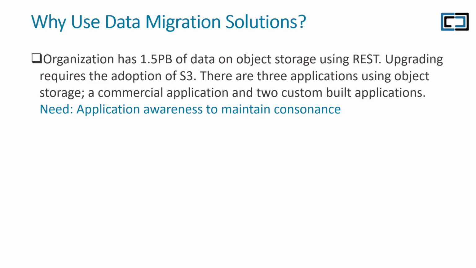Traditionally, in these scenarios, you could use the application to do the migration, copy here, write over here, or cut and paste, as you may say, but there are challenges with that, both in terms of doing it at scale, impact on infrastructure, etc. So this is one example where you really need to be considering data migration solutions.